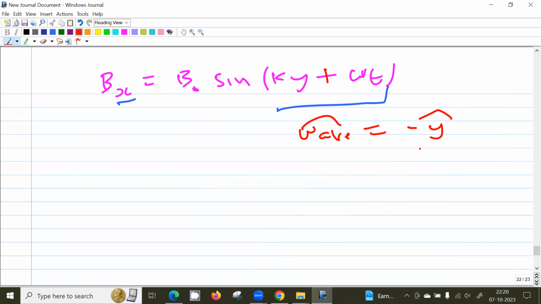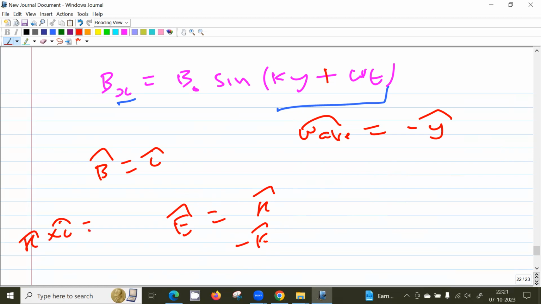So this is a wave traveling in the minus y direction, and B is along the x direction, so i cap, the wave is along minus j cap. So the electric field direction should be either k cap or minus k cap. Okay, k cross i is j, but we want minus j. So it's not this one.